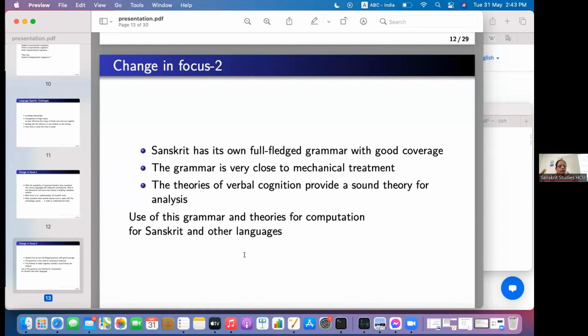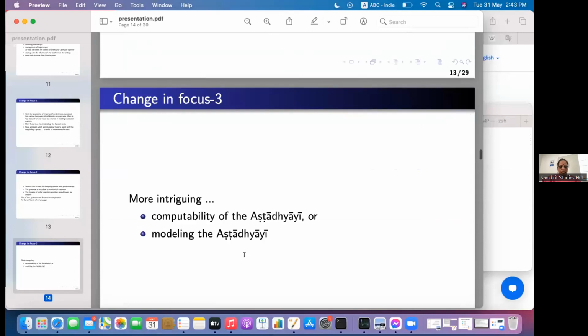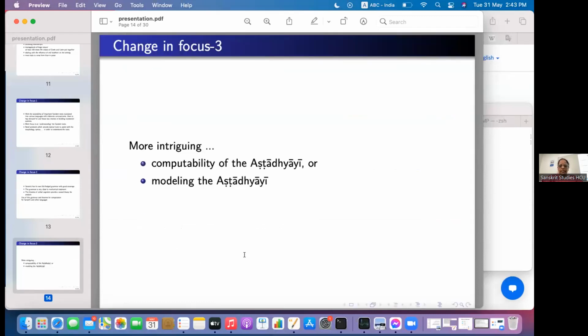So we have a full-fledged theory available with us, and naturally the focus is more on using this knowledge than just using computational tools. And of course, there are some efforts in computability of the Ashtadhyayi, or modeling the Ashtadhyayi.